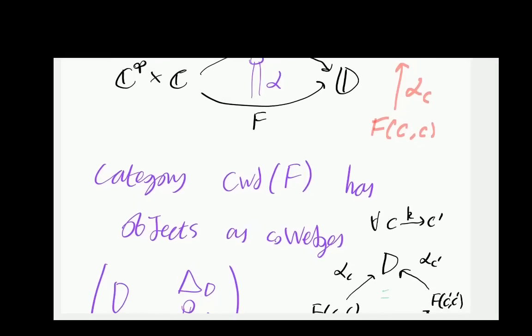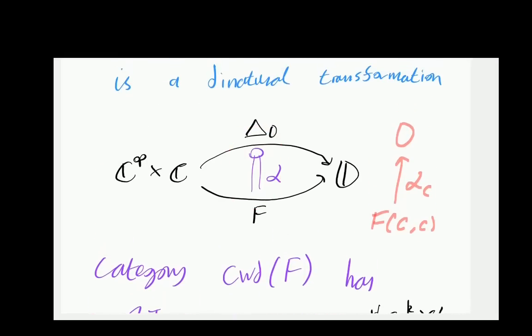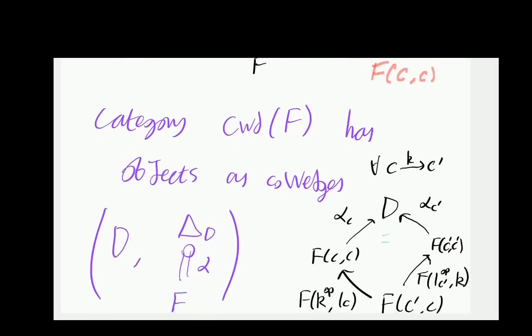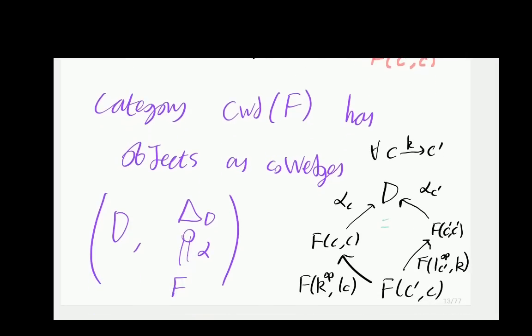So this is what a co-wedge is, and there's going to be a category of co-wedges. We can see explicitly what a co-wedge is. For every object C, we're going to have an arrow alpha C from FCC to D. And these have to be such that for every arrow K from C to C dash, we have this diamond commuting.